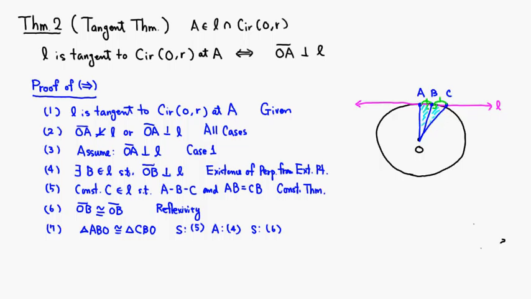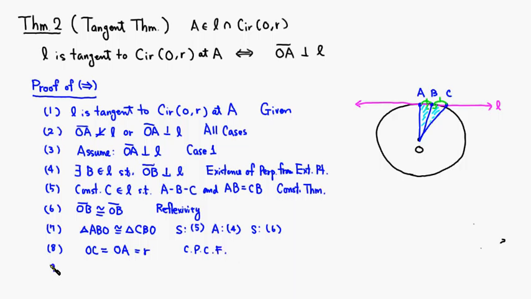Which means that, if you look at OC, which corresponds to OA, which is the radius, we have OC is congruent to OA, which is a radius. This comes from corresponding parts of congruent figures.